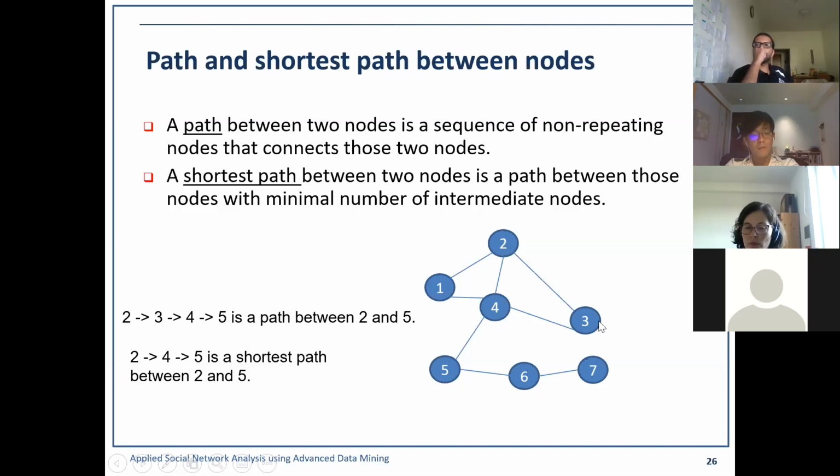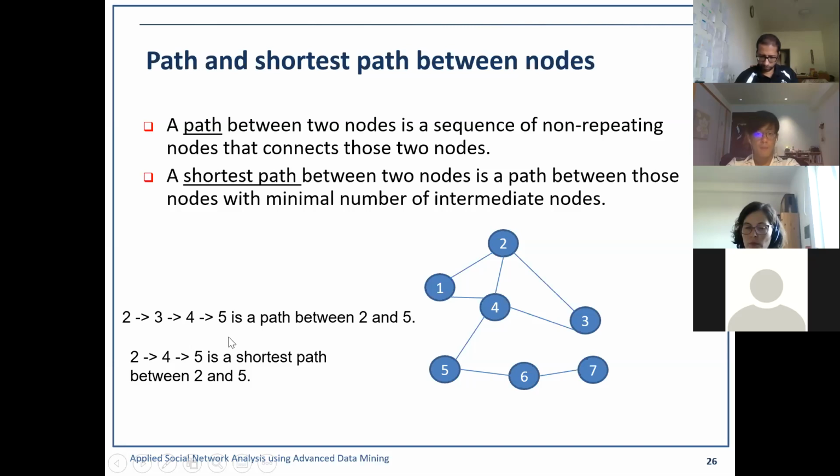A shortest path between two nodes has to be a path, but a path with the minimal number of intermediate nodes. And again, we have the notion of distance. So a shortest path has few intermediate nodes. For example, 2, 4, 5 is a shortest path between node 2 and node 5.